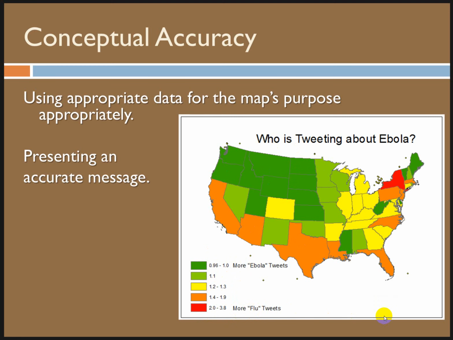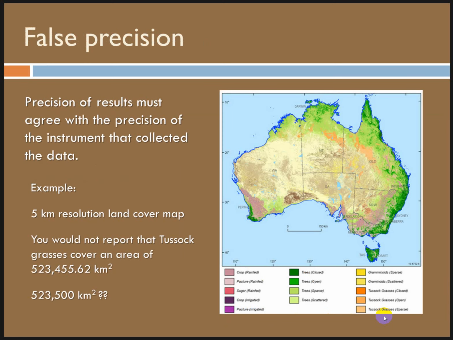So this is a good time to quickly talk about false precision. False precision is describing when results are more precise than the data or processes that were involved in getting those results. So the results have to agree with the precision of the instrument that collected the data or the processes that were used. And I do talk about this all the time when I'm trying to rein you guys in.